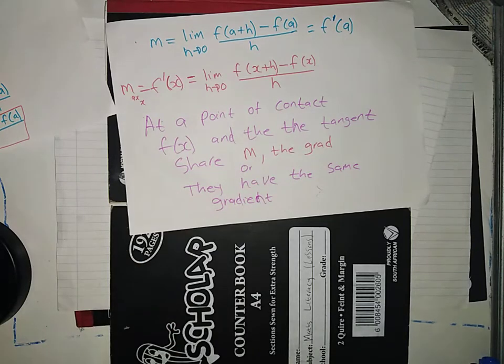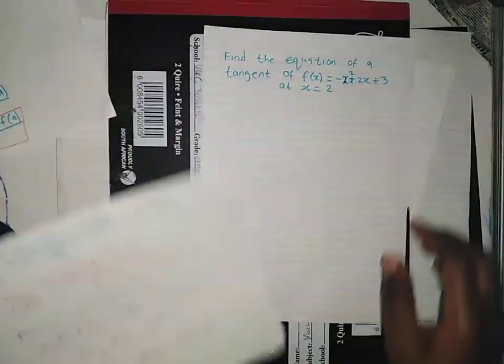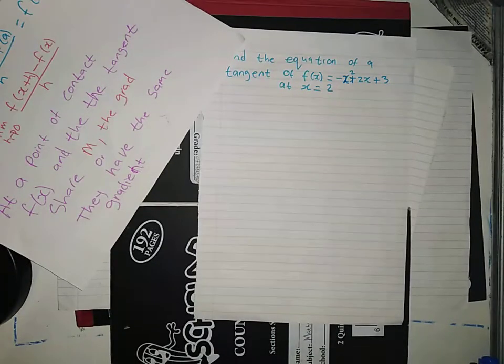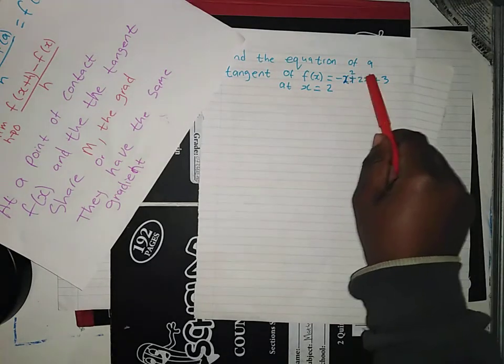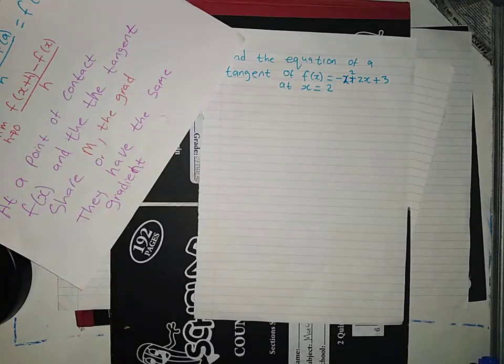Okay, let's continue. So because of that, let us quickly find the equation of a tangent here. Sorry, not the equation of a tangent. Let's find the gradient of this line at this point. Okay, let's go back.